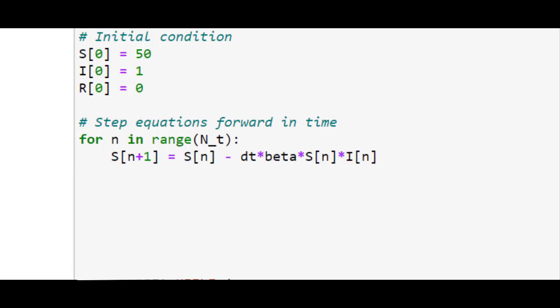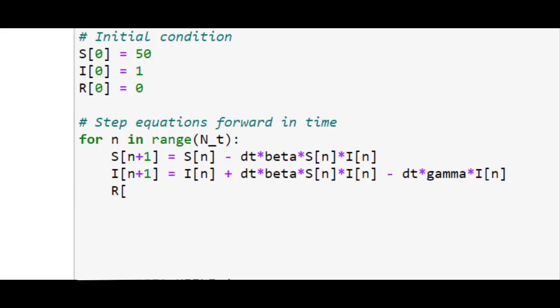It computes S at time point n plus 1, which is 0 plus 1 at the first iteration. It will repeat the calculation 7,200 times, giving us the number of susceptibles at each time point. Same for the infecteds difference equation, and same for the recovereds.